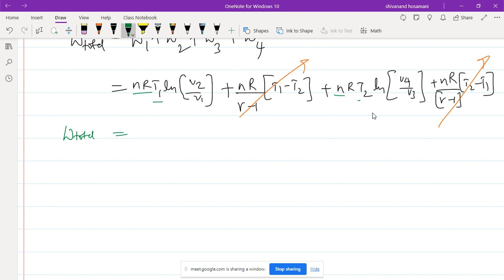By applying the constant and the relation between V2 by V1 and V4 by V3, if we take the relation, V4 divided by V3 becomes V1 by V2.